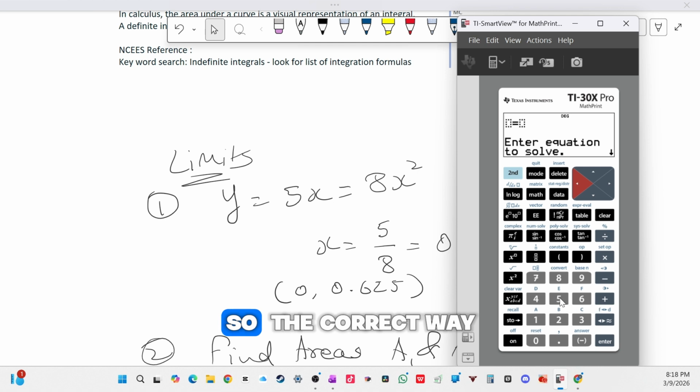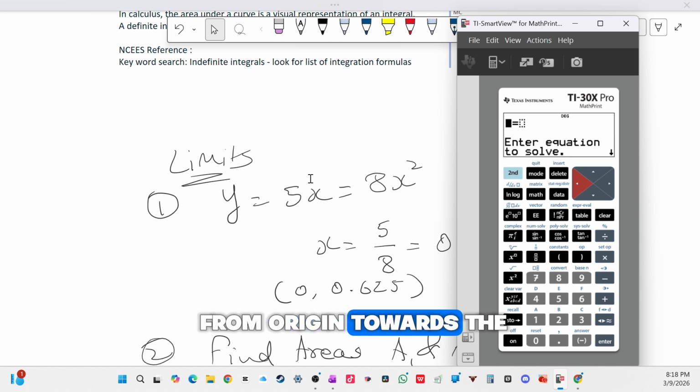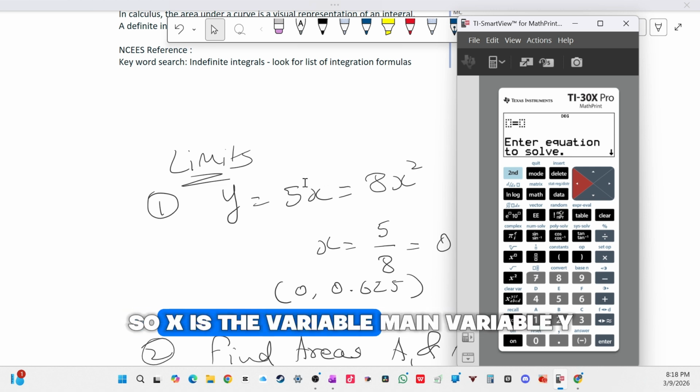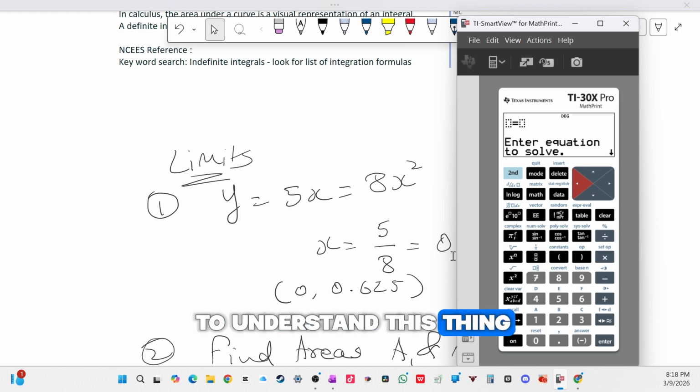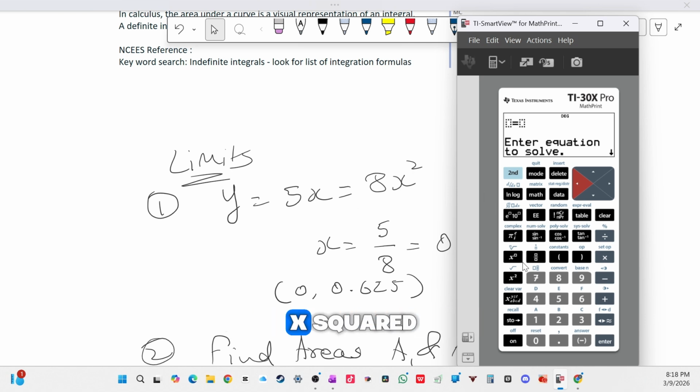I think we're trying to find the x values, which are the limits. So understand, don't confuse between y and x. Y is the main equation, x is the main variable that is contributing to the curve and the straight line. So we are going from origin towards the x-axis. So x is the main variable. Y is dependent on x. That's how you have to understand this. So on that note, the main equation will end up becoming 5x equals 8x square.